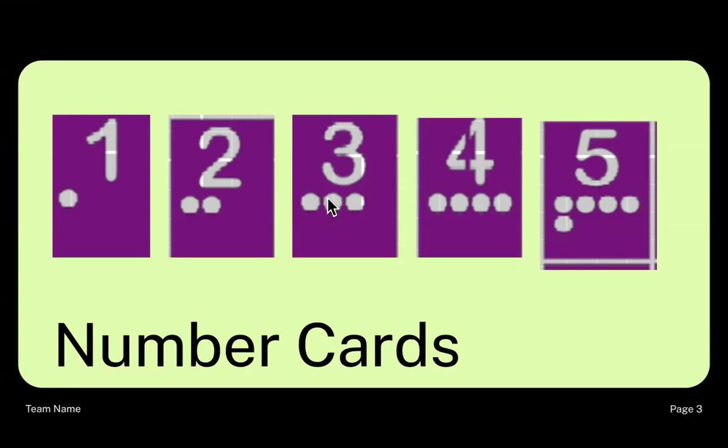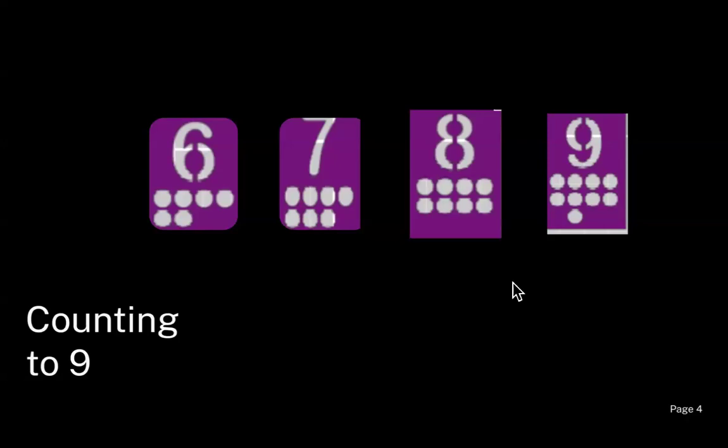So 1, 2, 3. Sometimes children do this, 1, 2, 3, there's 3. No, they get them mixed up. They move them around. No, so it has to be one-to-one correspondence.